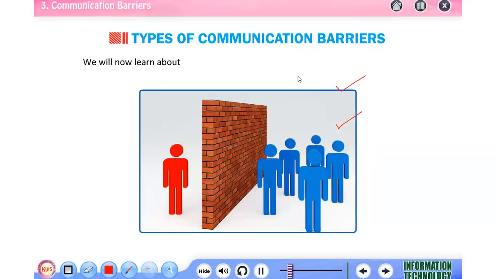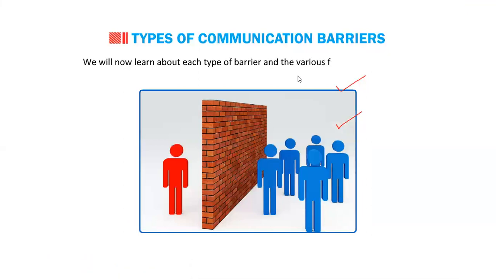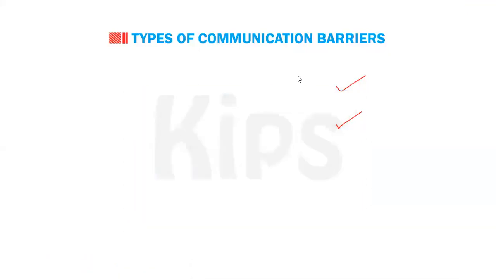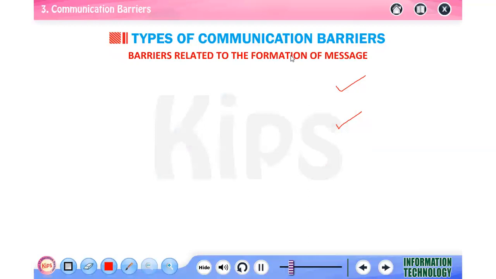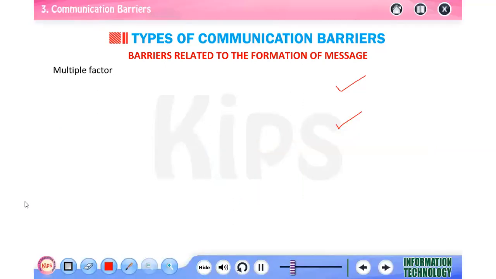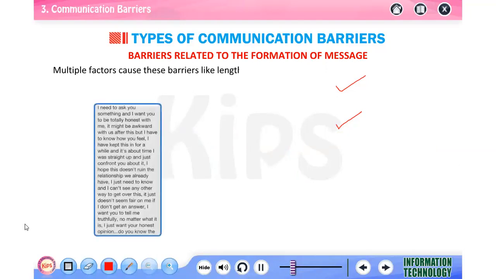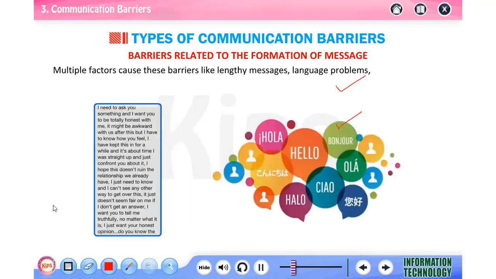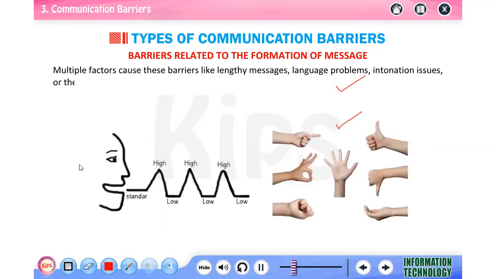We will learn about each type of barrier and various factors causing them. Barriers related to the formation of message. These barriers are limited to problems in the composition or formation of the message itself. Multiple factors cause these barriers, like lengthy messages, language problems, intonation issues, or the non-verbal communication used.